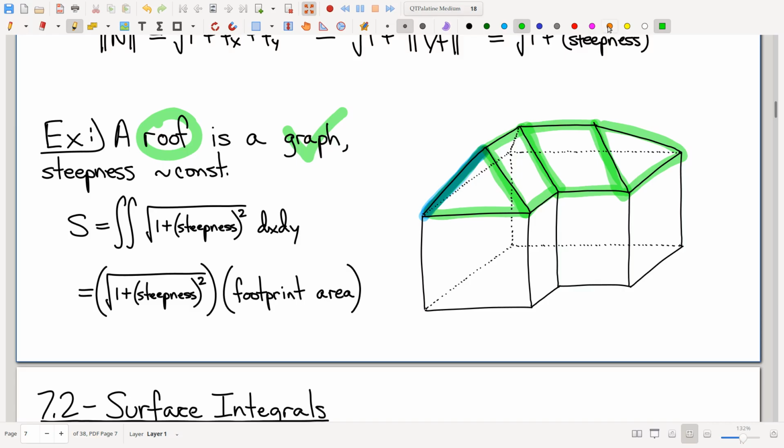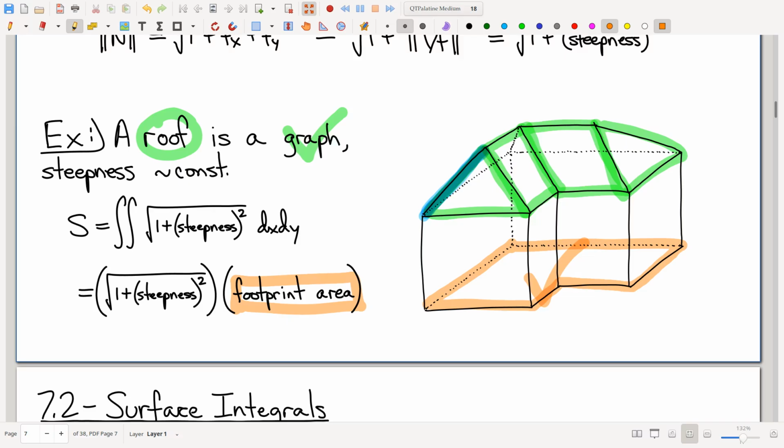It's a graph sitting over a much easier to describe region. Right? That footprint area. Highly accessible. You just walk around the outside of your house with a tape measure. No big deal. Super easy to measure. Super easy to do the geometry. Mostly right angles.